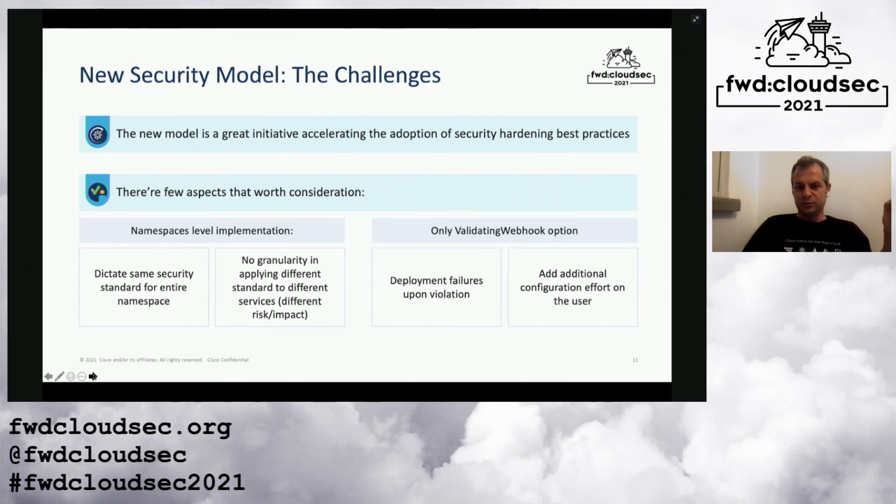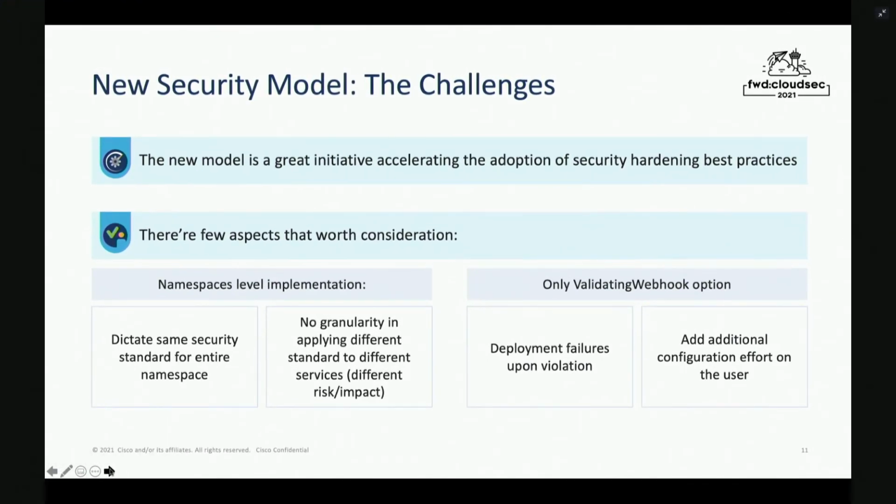Another challenge that I see in the model is the fact that the granularity, at least from what I see, is only for a namespace. If in the previous PSP model we were restricted to a service account, now it's a namespace. Now, a namespace can have multiple services. You can have lots of different services. Many times people just use the default namespace, and that means that you can really have one policy per namespace.